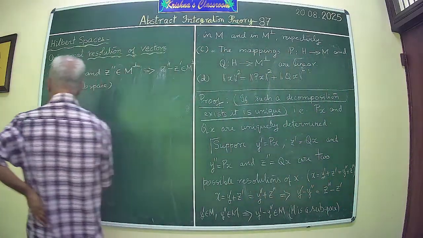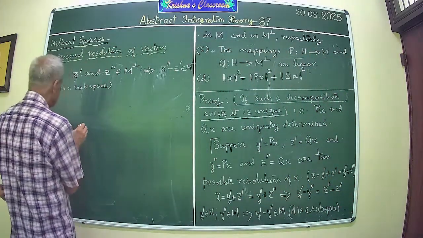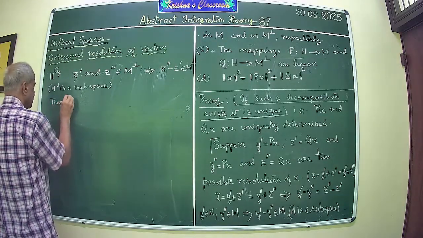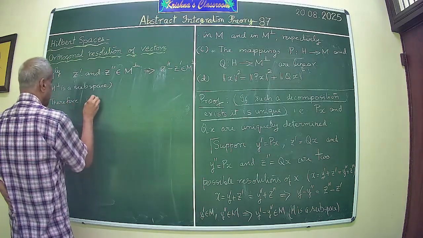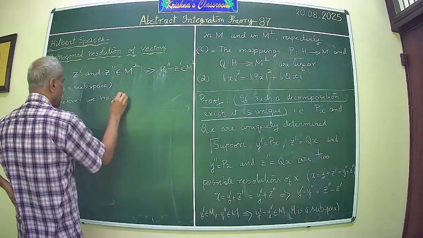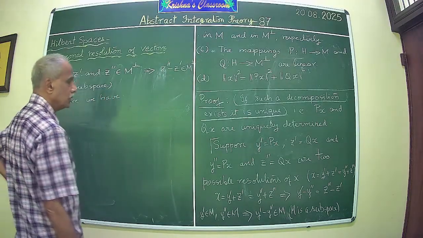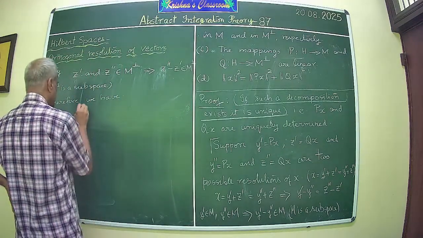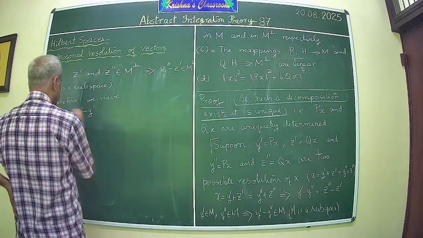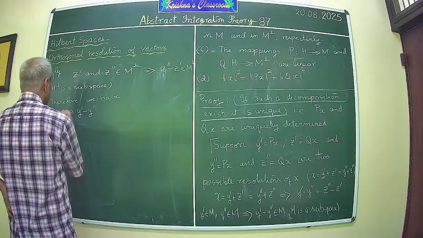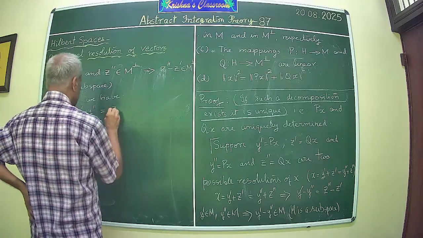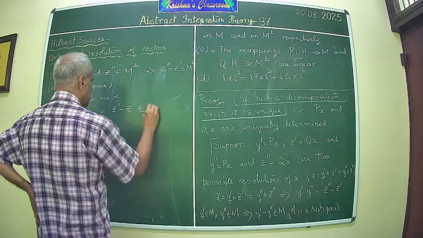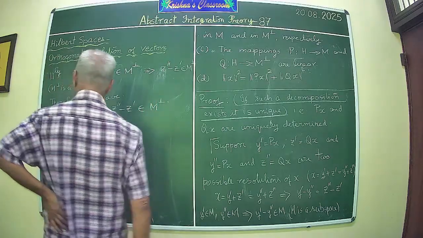Therefore, we have y prime minus y double prime is equal to z double prime minus z prime, which belongs to M. Okay.